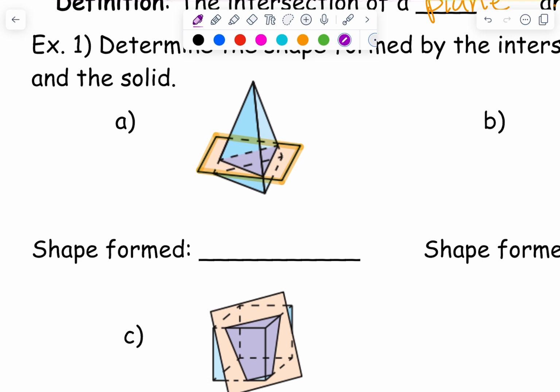We're not looking at how we cut this pyramid into 2 different shapes. We're only looking at the shape formed on the plane. Do we see it? Should be a triangle. So our answer is triangle. Shape formed is triangle.